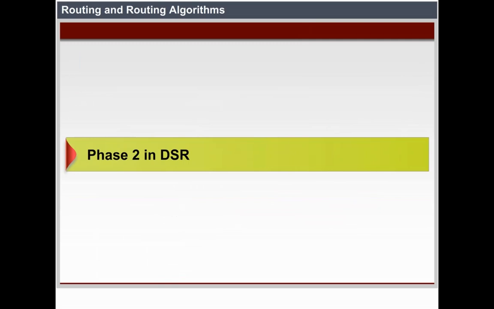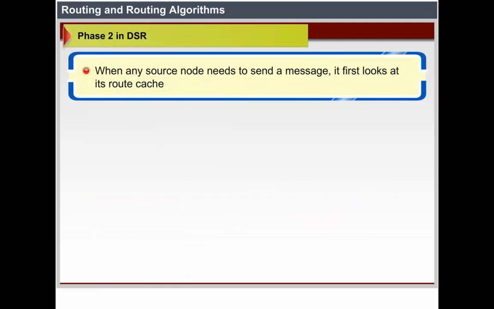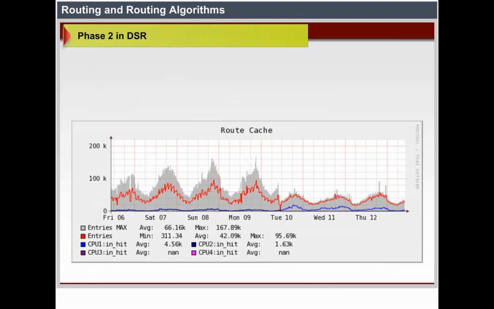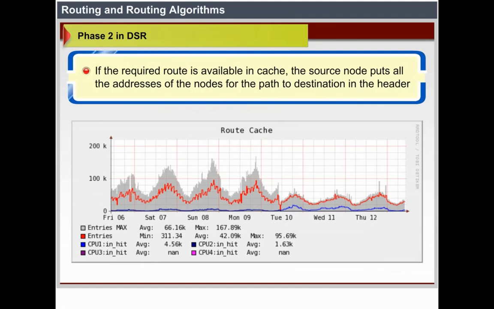Phase 2 in DSR. When any source node desires to send a message, it first looks at its route cache. If the required route is available in cache, the source node pulls all the addresses of the nodes for the path to destination in the header.